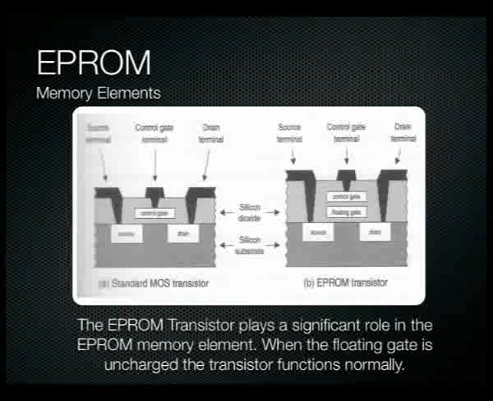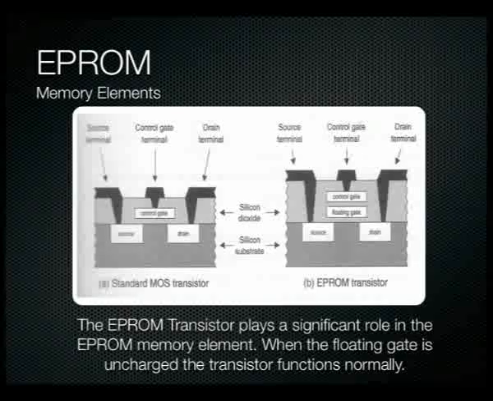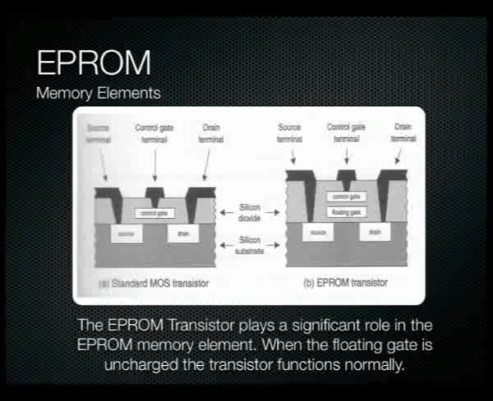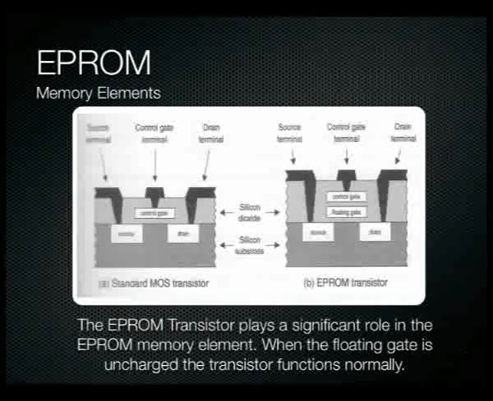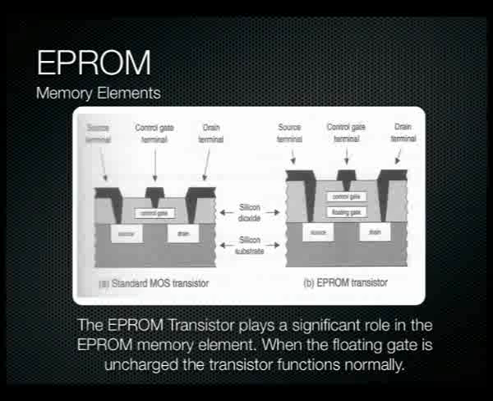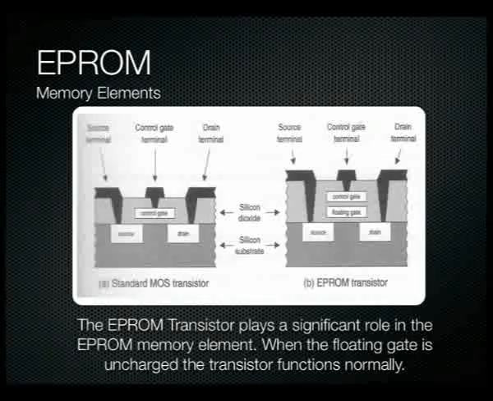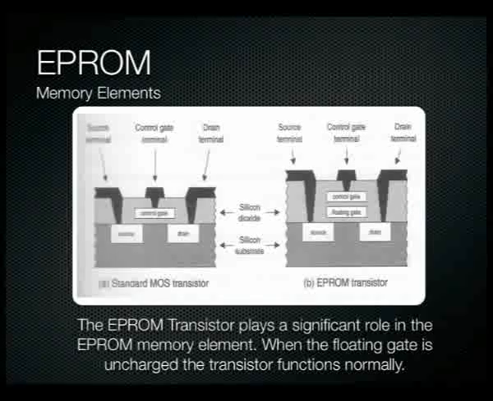If you look at the MOS transistor on the left, we have the standard configuration: the source, the drain, the control gate. When you look at the EPROM transistor on the right, we have a source and a drain like normal, and our control gate like normal, but then we have a floating gate that sits between the control gate and the silicon substrate. So it is that floating gate that is the magic in an EPROM transistor.